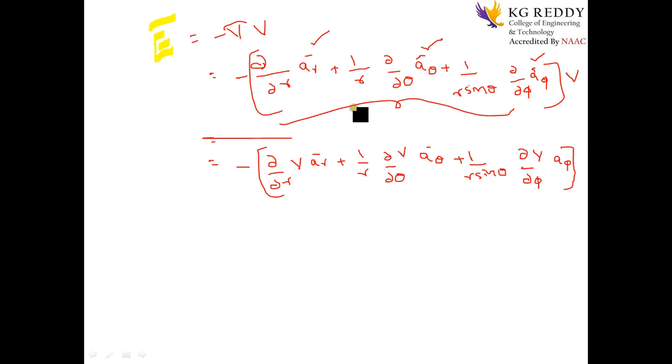This del operator we have seen in the previous classes: dou by dou r AR plus 1 by r dou by dou theta A theta plus 1 by r sin theta dou by dou phi A phi.